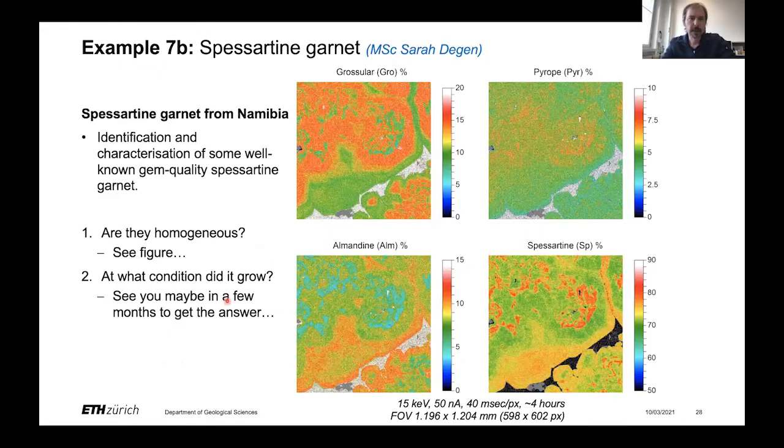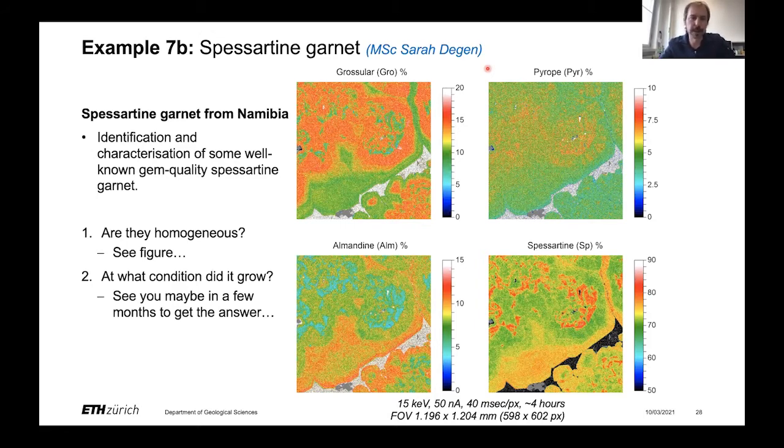Another example of garnets, this time the spessartine garnets from Sarah Dagan. Sarah just started a master project with me and Eric, and some people at the Swiss Geological Institute. The Swiss Geological Institute has these gorgeous spessartine gem-quality garnets that were collected in Namibia, but the region exactly where they come from is relatively unknown.